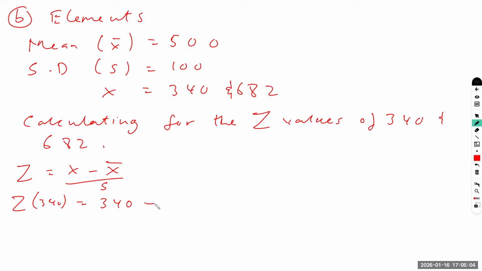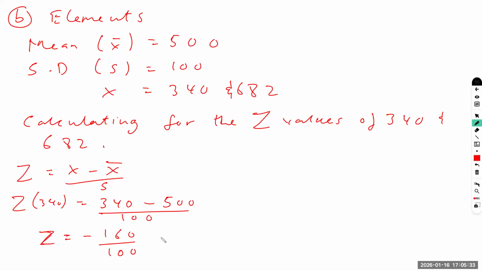Minus the mean, which is 500, all over 100. Then Z is equal to 340 minus 500, which gives negative 160, all over 100.